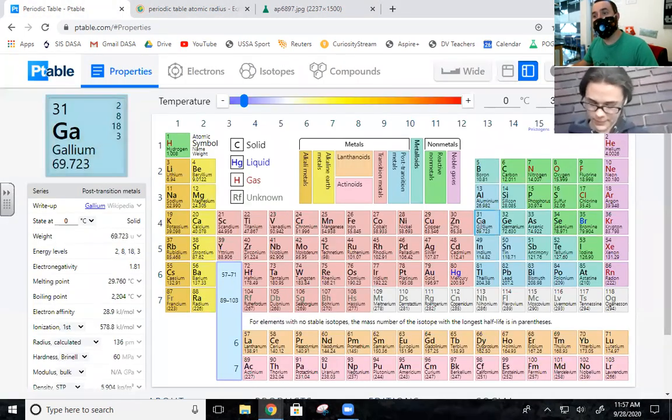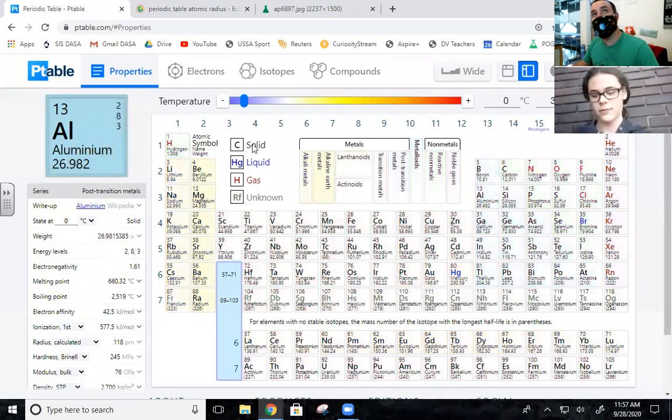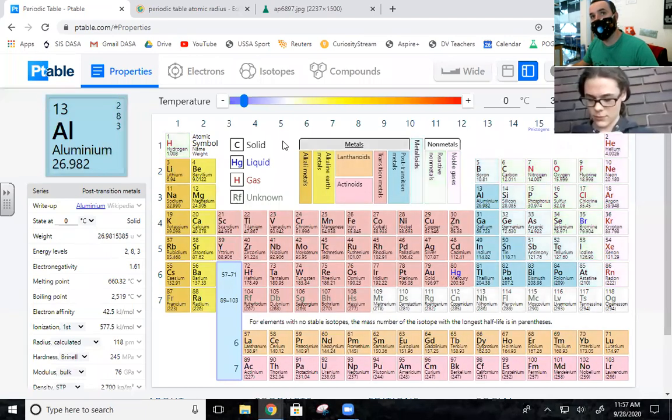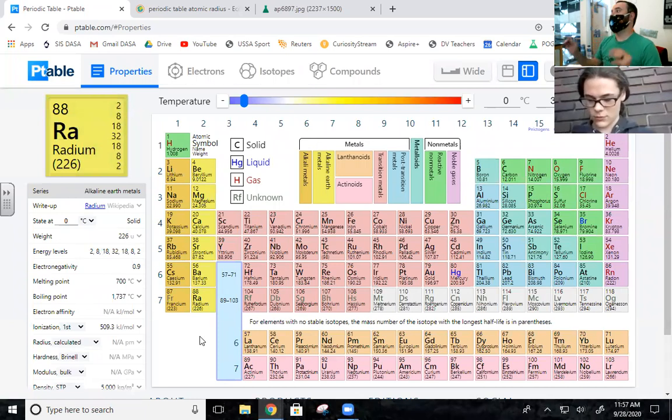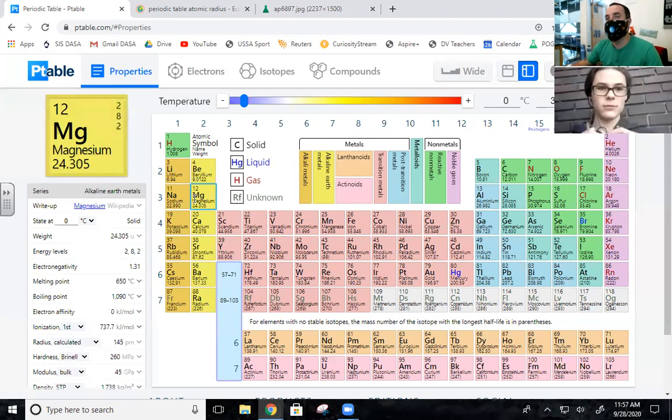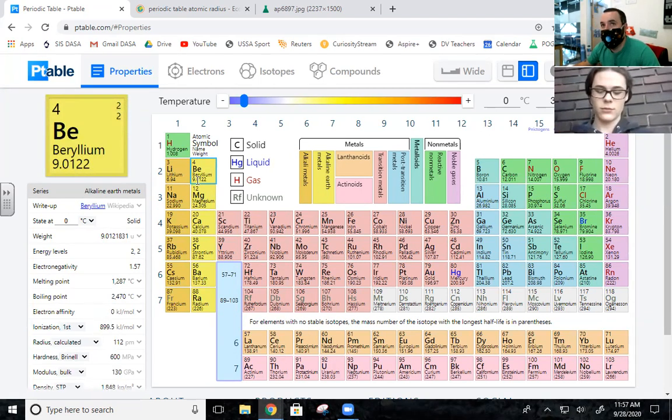So if we go back to our periodic table, ionization energy increases as we move right and decreases as we move down. Ionization energy is essentially the opposite of atomic radius, because the more the electrons are pulled in on the nucleus, the higher the energy.